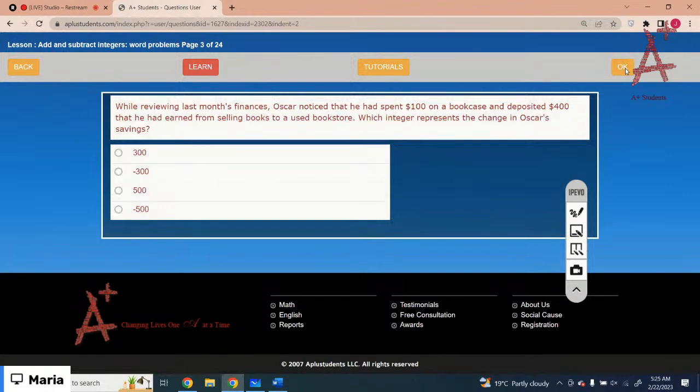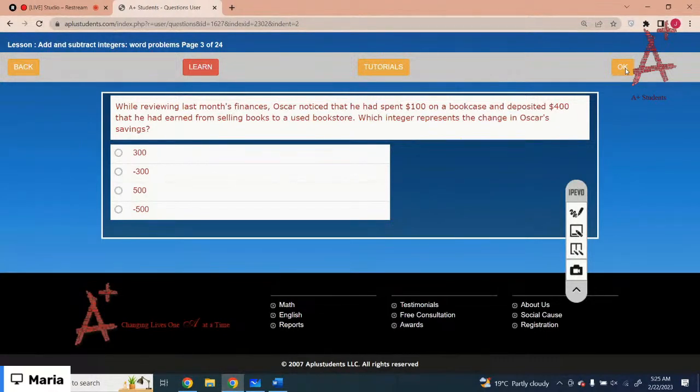Okay, while reviewing last month's finances, Oscar noticed that he had spent $100 on a bookcase and deposited $400 that he had earned from selling books to a used bookstore. What integer represents the change in Oscar's savings?